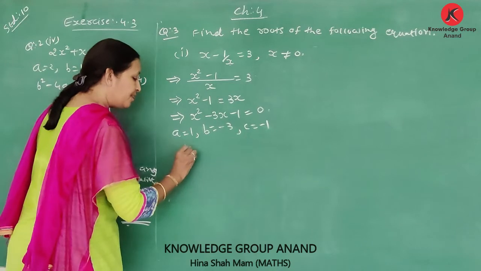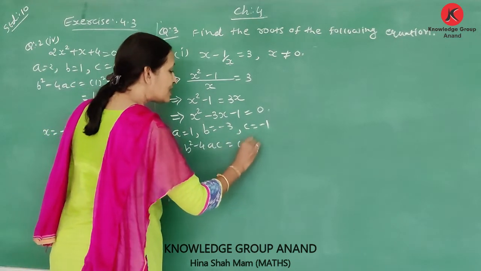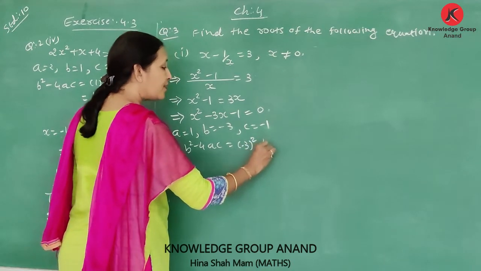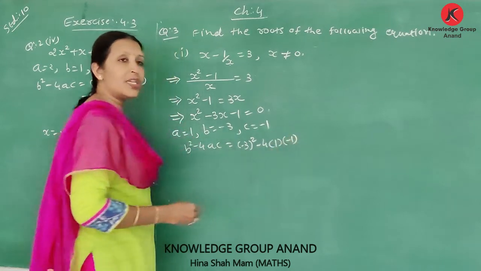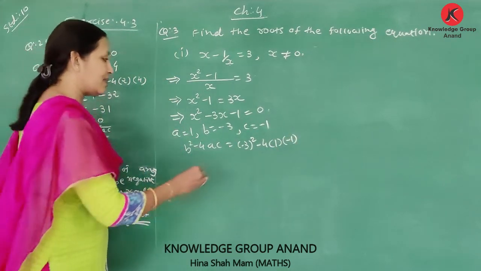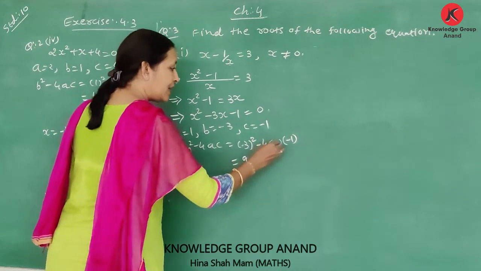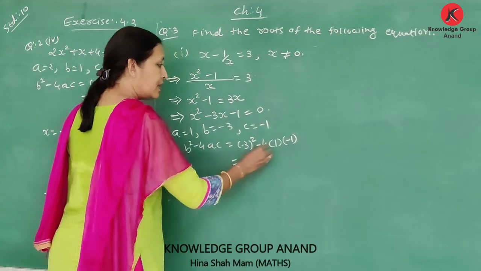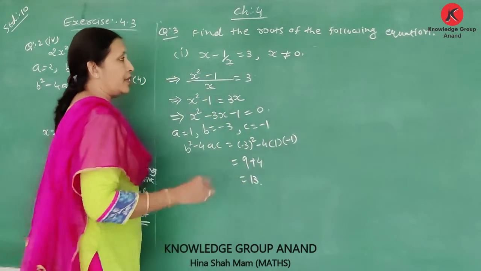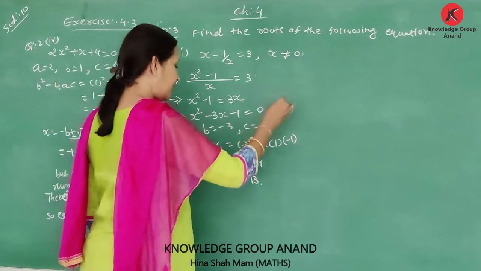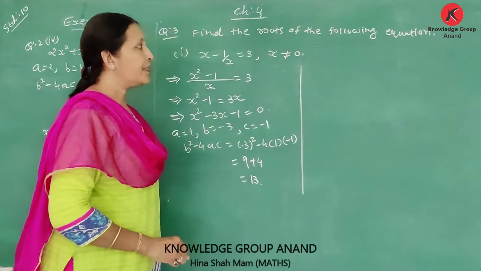First we find b square minus 4ac: minus 3 square minus 4, the value of a is 1, and the value of c is -1. Minus 3 square is 9, minus minus plus 4 ones are 4, so 9 plus 4 is 13. b square minus 4ac is equal to 13.